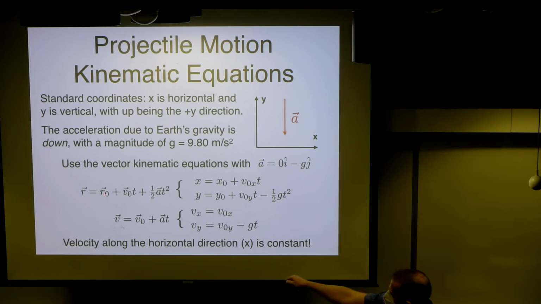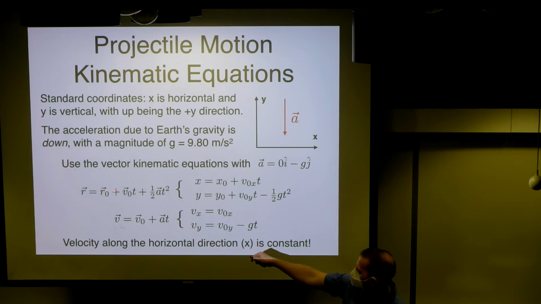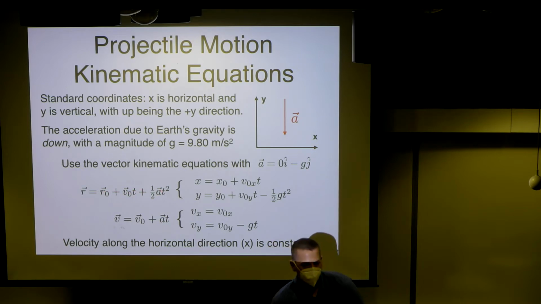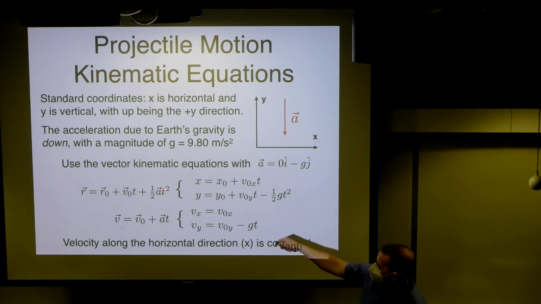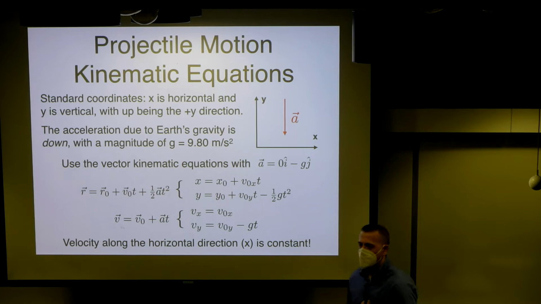Remember last time we had these 2 vector kinematic equations that we were introduced to. The first one says r equals r naught plus v naught t plus 1/2 a t squared. Remember this? We also remember that for each one of these vector kinematic equations, we can actually write a separate equation for the x and the y motions.